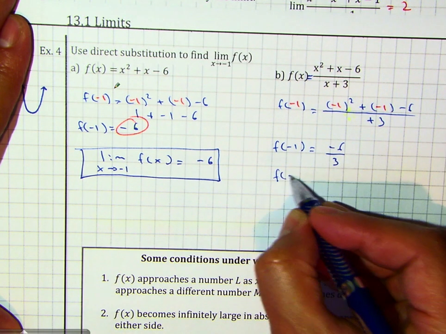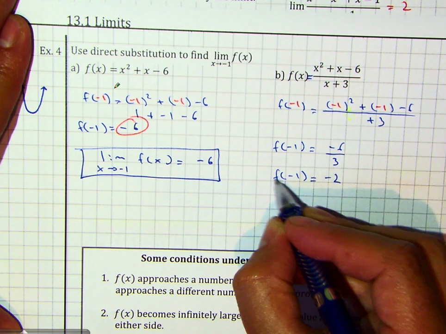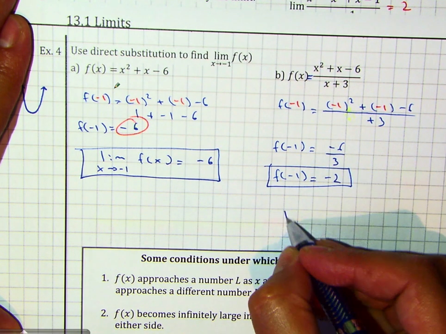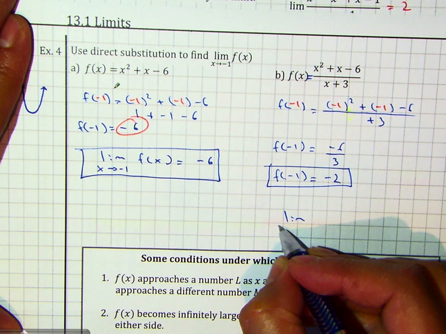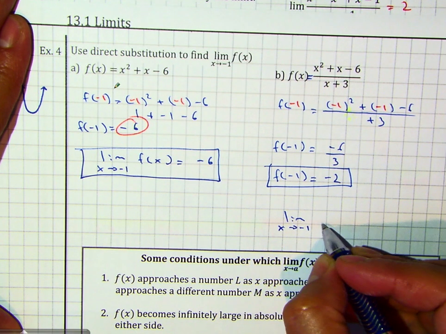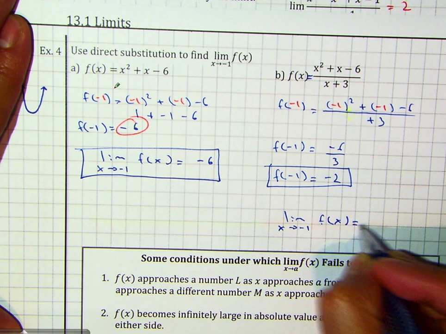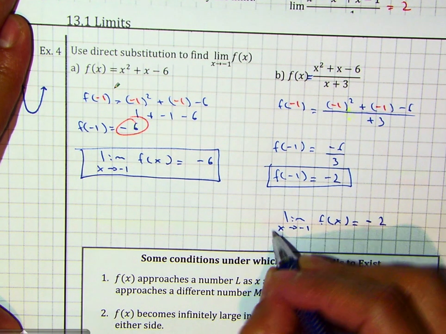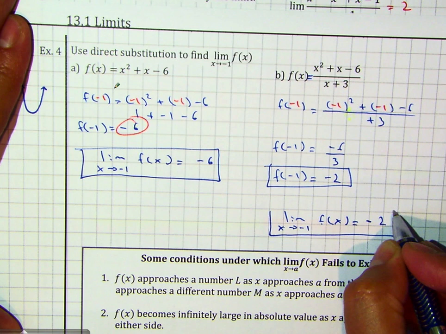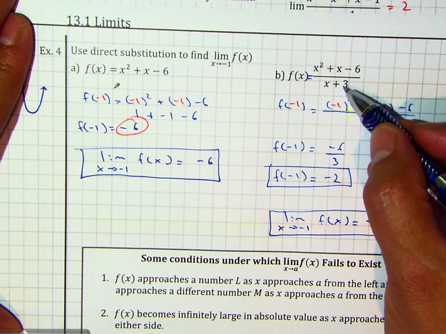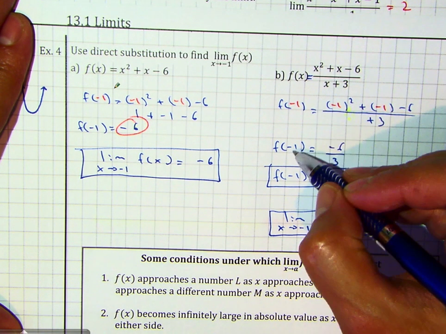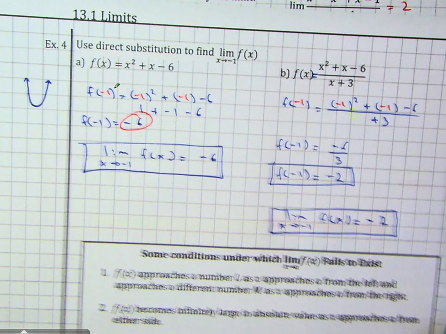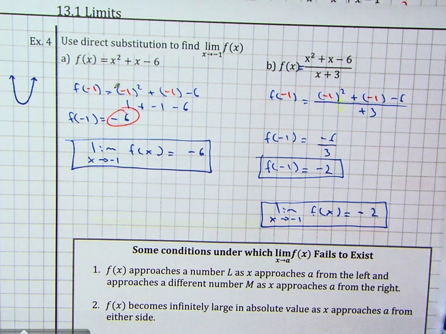F of -1 is -3. So the limit as x approaches -1 of f of x is equal to -3. Remember that the gap in here was at -3. So we know that there was no gap at -1, and therefore we were able to just use substitution.